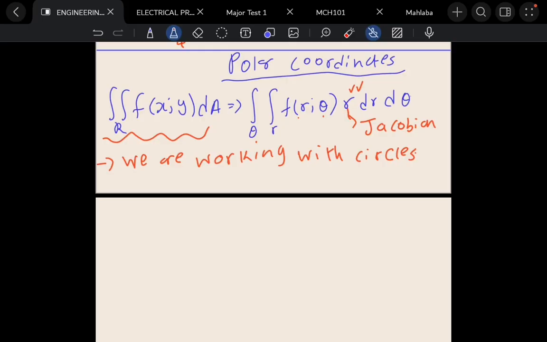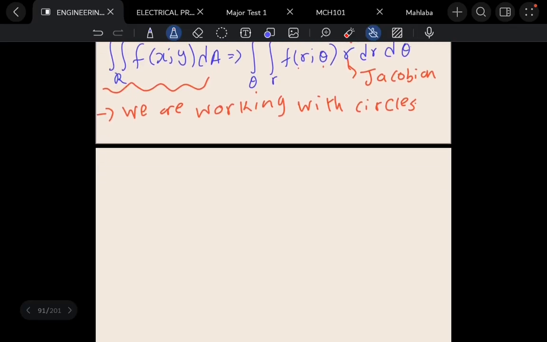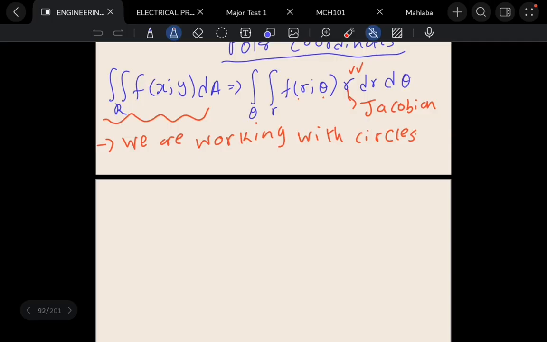We are only going to focus on that, not on other things. Another thing you need to note is that the circles we are working with are centered at the origin.